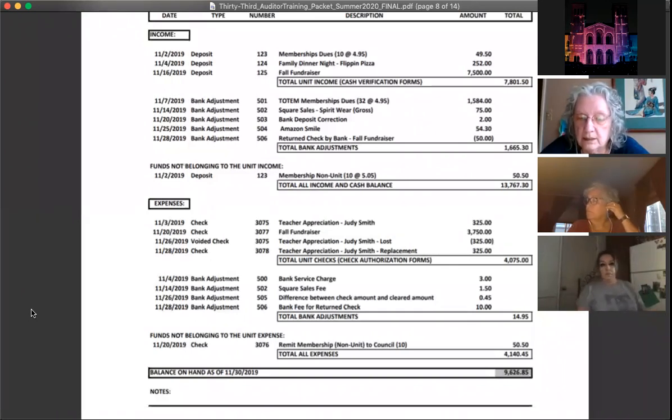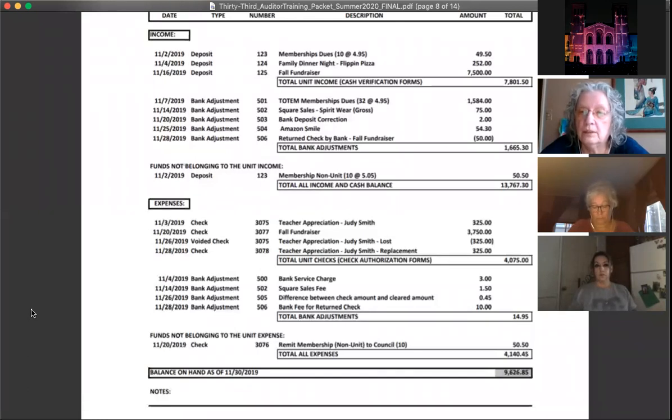And that's the $10 that would be posted there. So actually, they've taken $60 out of your unit bank account for this dishonored check. And so you want to make sure also as the auditor that they have pursued the writer of the check.